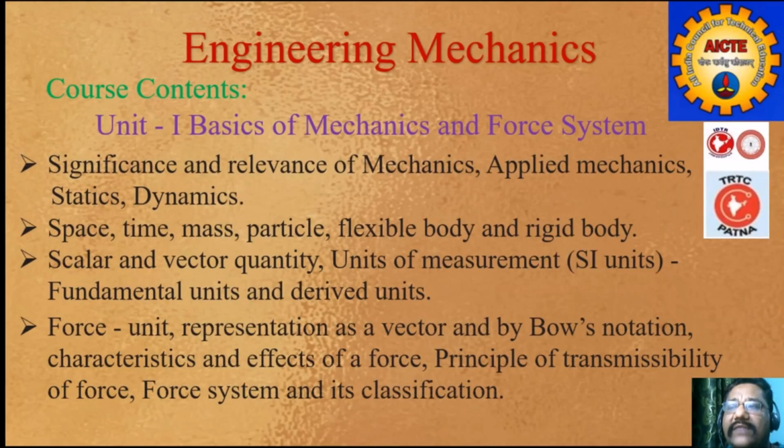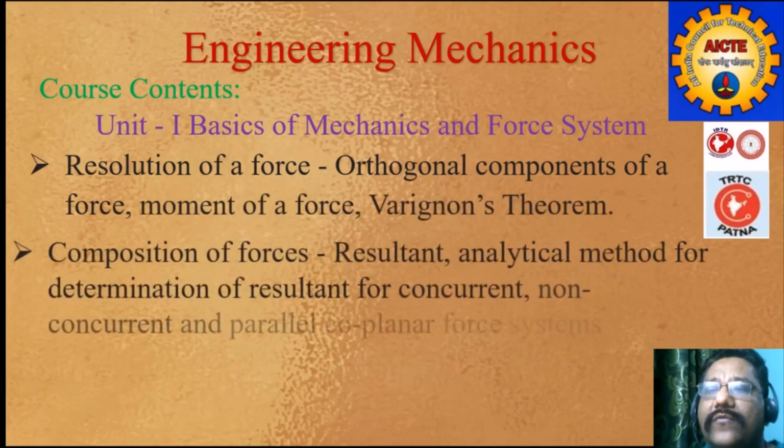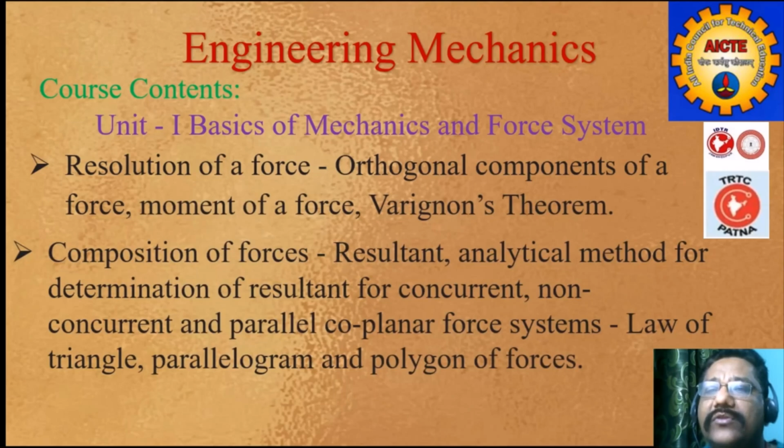Inside this unit, you have to learn significance and relevance of applied mechanics, statics, dynamics, space, time, mass, particle, flexible body and rigid body, scalar and vector quantities, units of measurement, SI units, fundamental and derived units, force units, representation as a vector and Bow's notation, characteristics and effect of a force, principle of transmissibility of force, force system and its classifications, resolution of a force, orthogonal components of a force, moment of a force, Varignon's theorem, composition of forces, resultant, analytical method for determination of resultant for concurrent, non-concurrent and parallel coplanar force systems, and the law of triangle, parallelogram and polygon of forces.